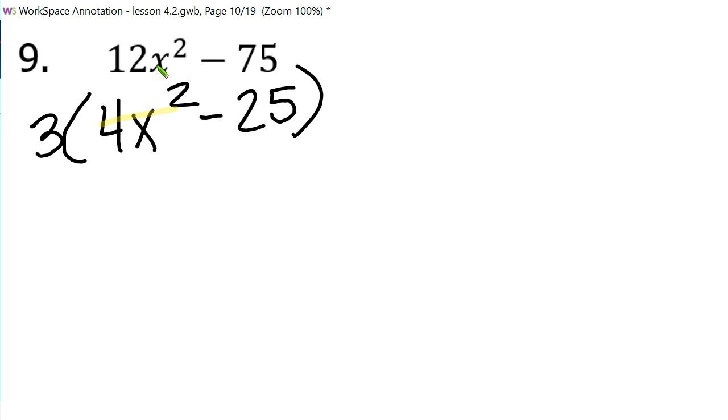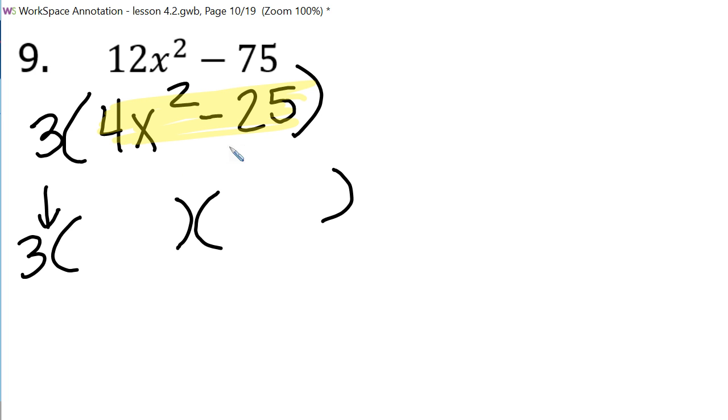Now, look inside the parentheses. Now do you see a difference of squares? Yes. So bring down the GCF. That's our first answer. Then we'll have our two sets of parentheses. Square root these to find our answer. So what is the square root of 4x squared? 2x. So we'll have a 2x and a 2x.